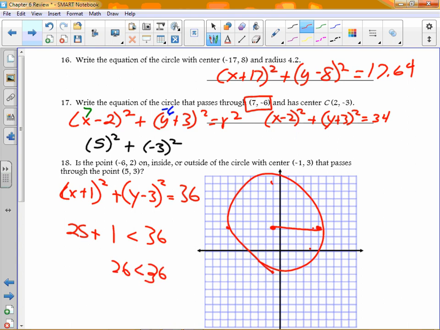So the point (negative 6, 2) must be inside the circle. Watch. Negative 6: 1, 2, 3, 4, 5, 6. 1, 2. It's right there. It's just inside the circle.